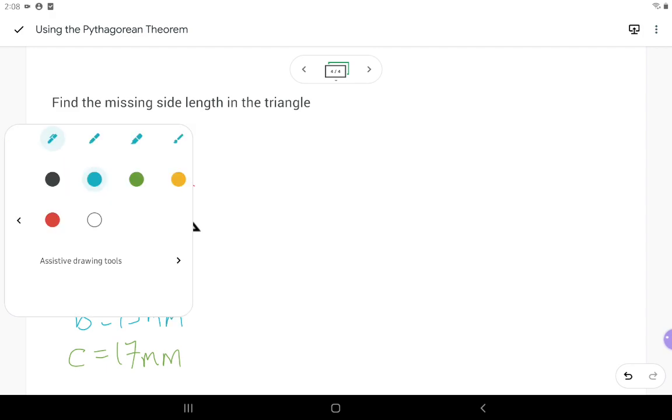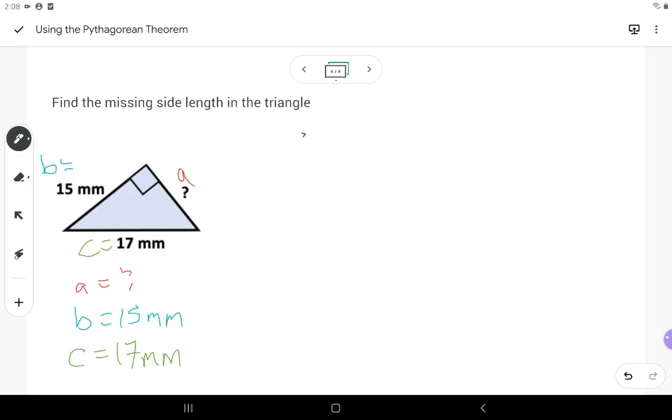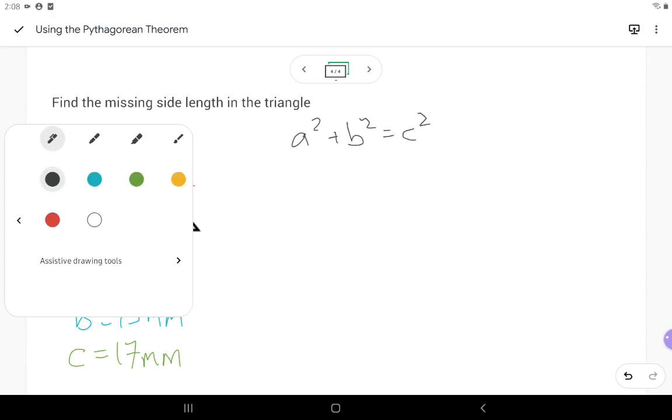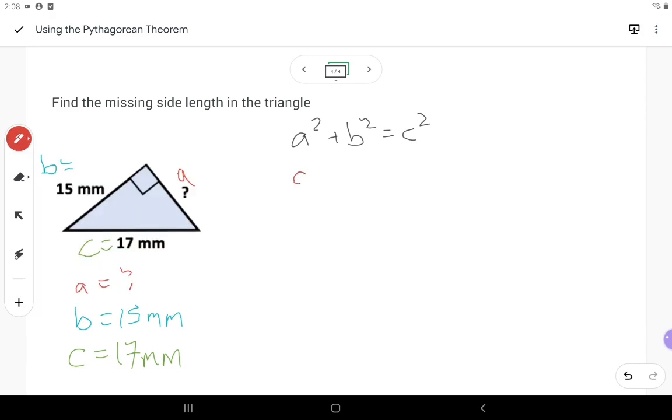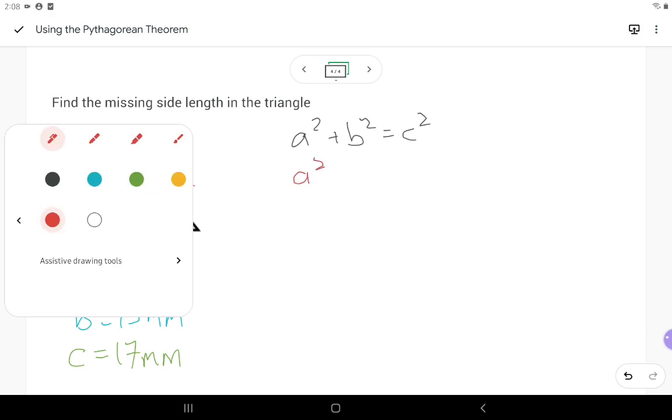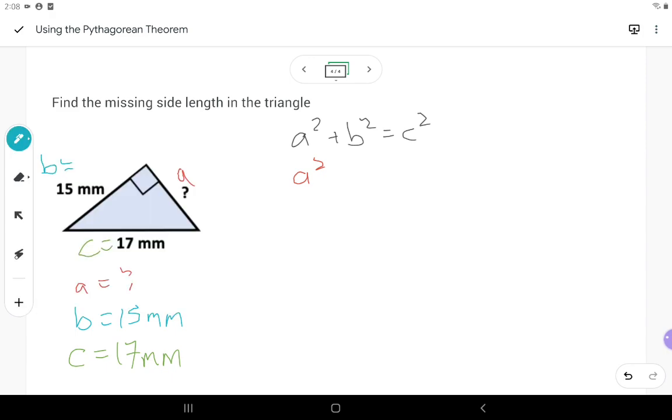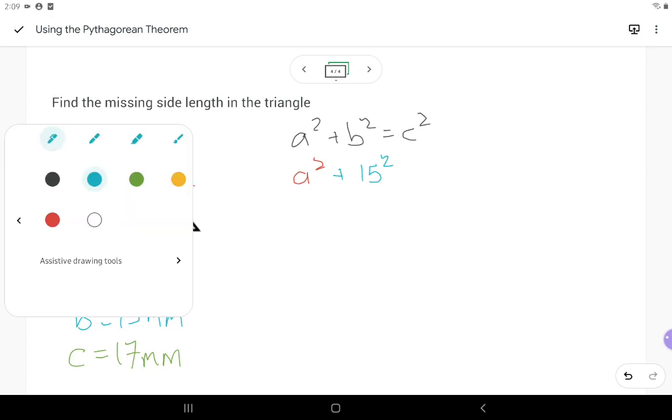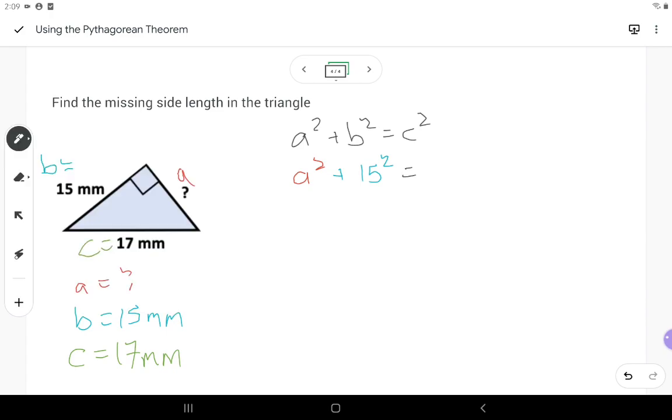Now I'm going to start off exactly the same. I've got a squared plus b squared equals c squared. I don't know what a squared is, so it's going to stay as a squared. I do know that b is 15, and so b squared becomes 15 squared. I do know now what c is. c is 17, so c squared becomes 17 squared.